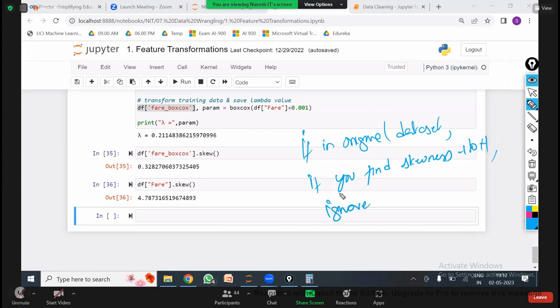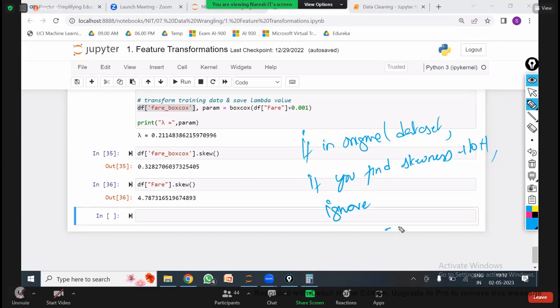Don't do any kind of transformation for that data. Don't try to get more close to 0. Don't try, it is a waste of time. Assume that the data is normal between minus 1 to plus 1.